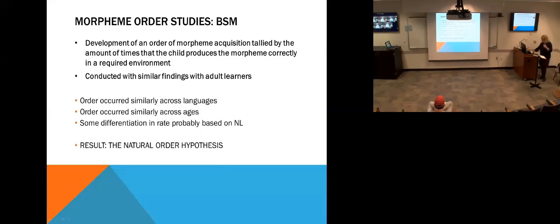Such that at the end of it, they posited what they called a natural order hypothesis, which simply means there is a natural, universal order in which these morphemes are acquired. Okay? Natural meaning it doesn't matter if you try and present it differently in a classroom or whatever, it will still be learned in that order. Does that make sense?